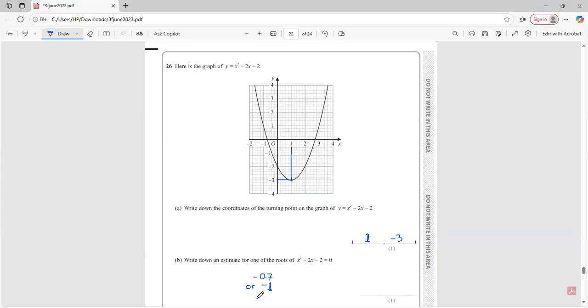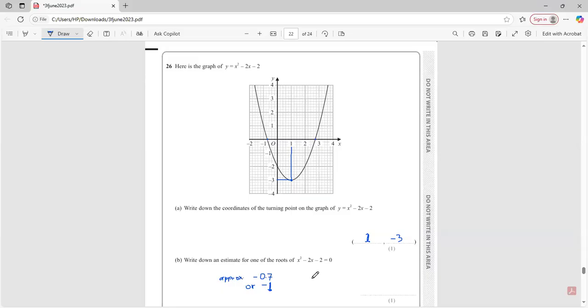But yes, so that's it, minus 0.7. So let me just put the word approximately, so that we know that these values are not exact. I'm just going to put approx as short.